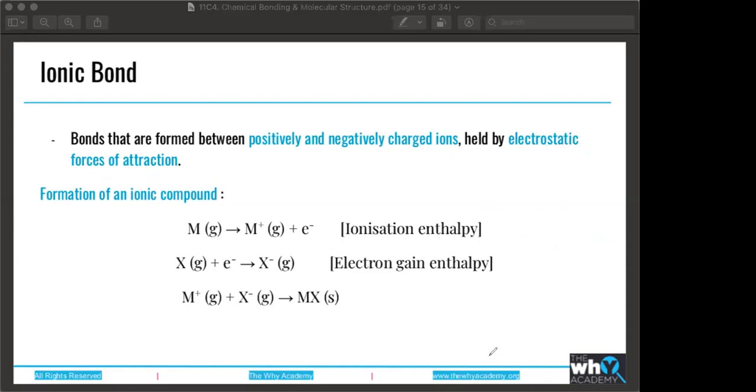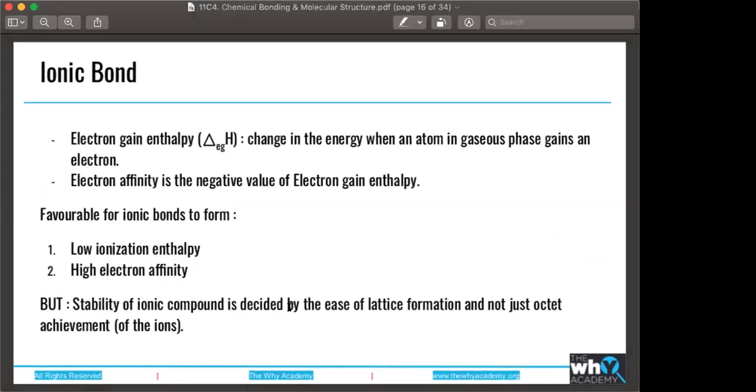Okay, so that particular energy is counted as lattice energy. That happens when the lattice of that particular compound is formed. Have you guys heard of the word lattice before? You have, we discussed this before, but can you explain how much exactly you know about lattice?